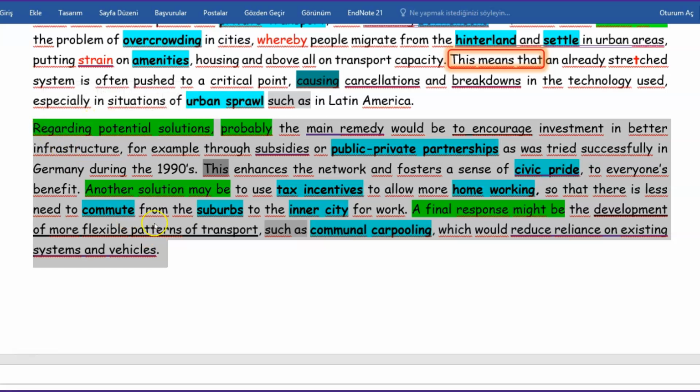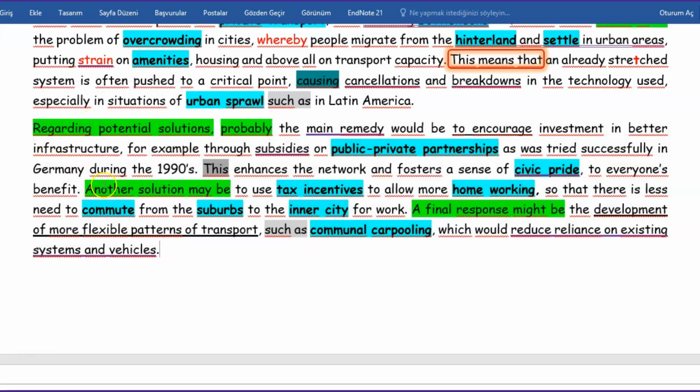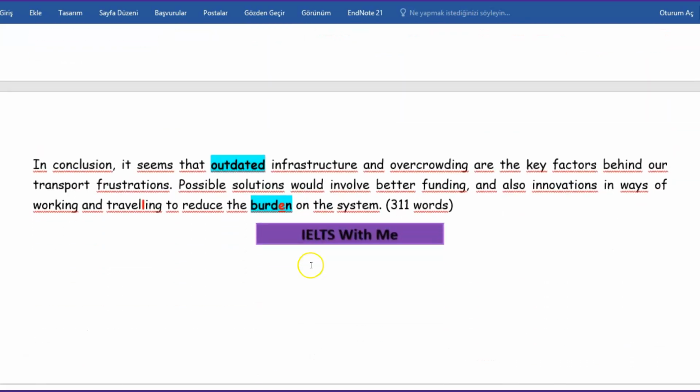This is a great paragraph regarding providing solutions, which contains topic-specific vocabularies, complex sentences, great academic phrases, right? And linking sentences as well.